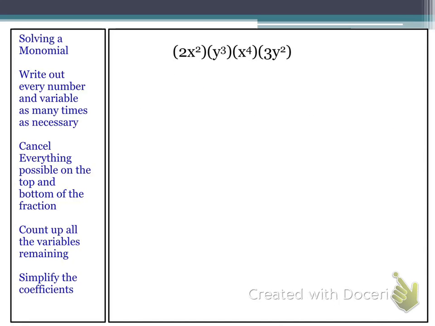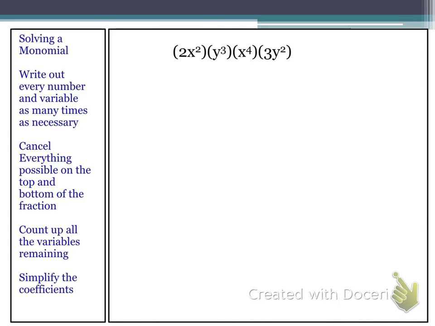Now, here we go. Let's say that we have a problem that looks like this. All sorts of stuff. It looks really crazy, but again, like I said, it's not at all. First, to solve this, we see that this is multiplication with a bunch of exponents.